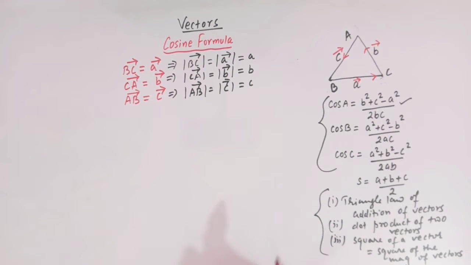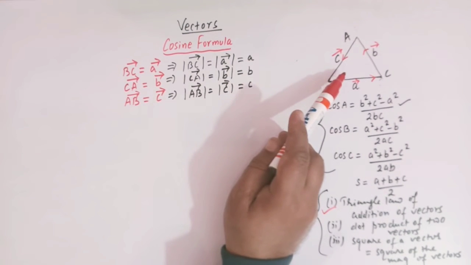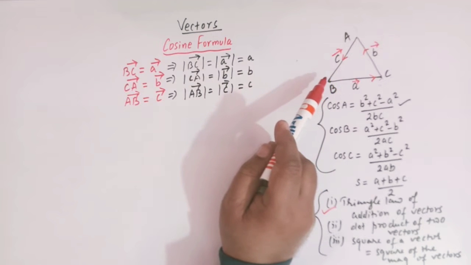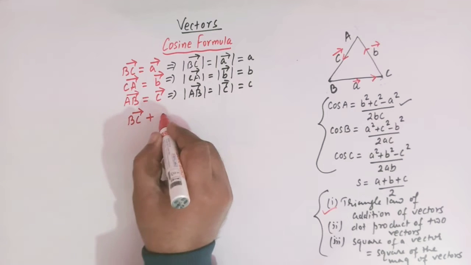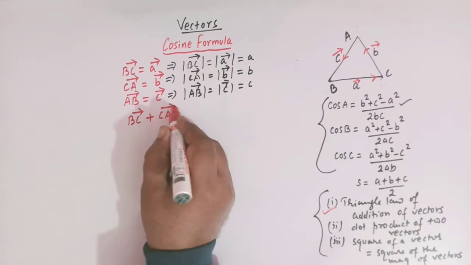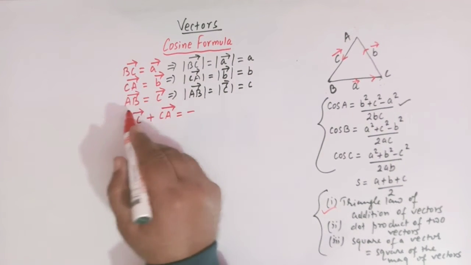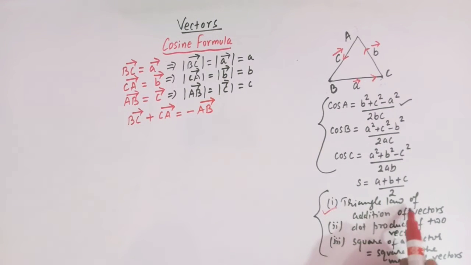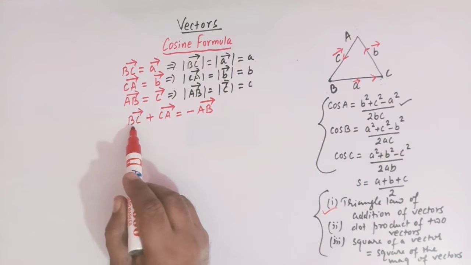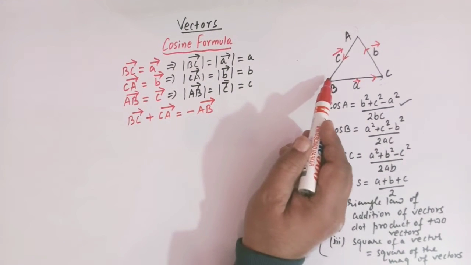Now let us apply the triangle law of addition of vectors to this triangle. We can write vector BC plus vector CA is equal to the negative of vector AB.